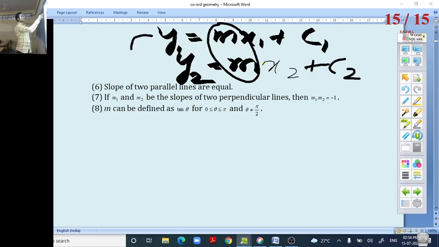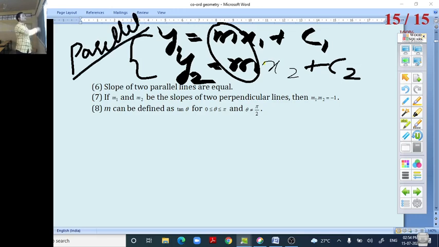It means these two lines are parallel lines.